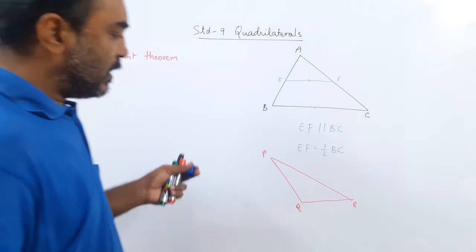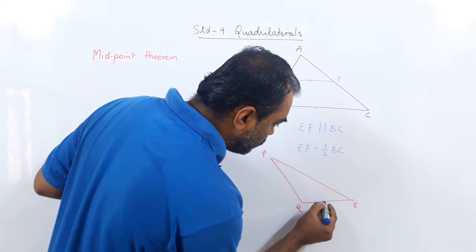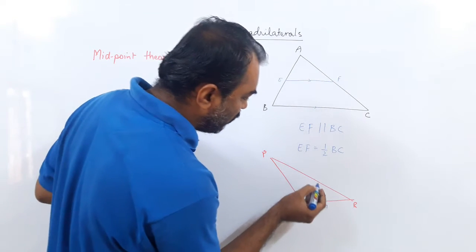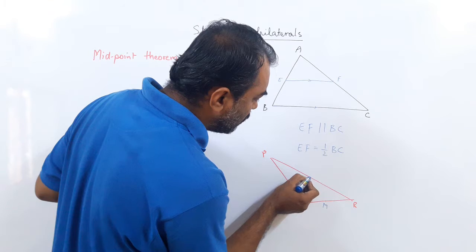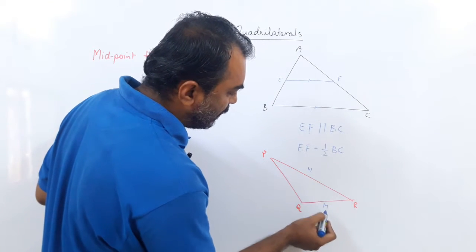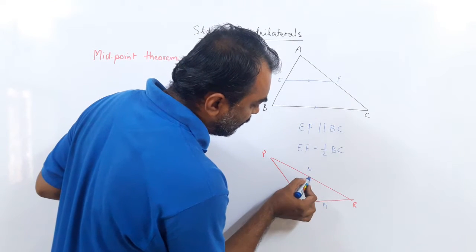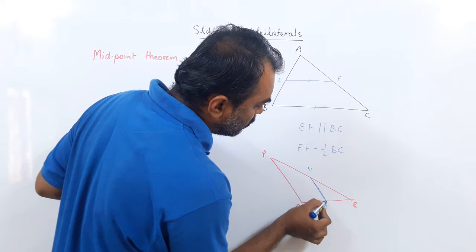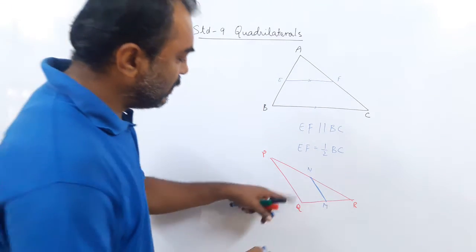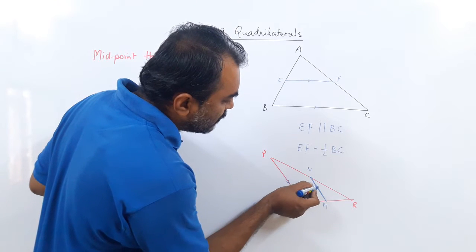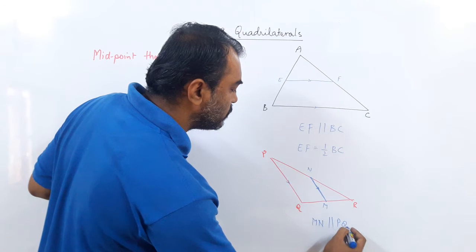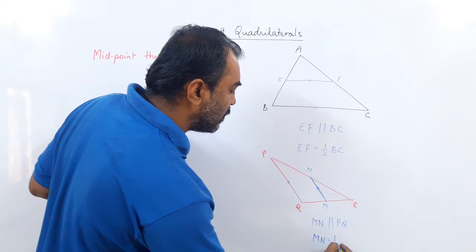So let us take the midpoint of QR and call it M, and the midpoint of PR and call it N. So I have taken the midpoint of QR as M and PR as N and I join them. So this line segment which is joining the midpoints of two sides of a triangle, I have to show is parallel to the third side. Means now here we have to show MN is parallel to PQ and MN is half of PQ.